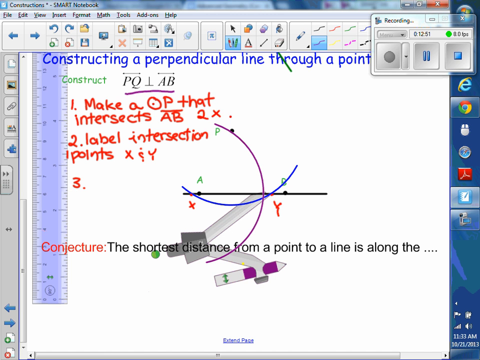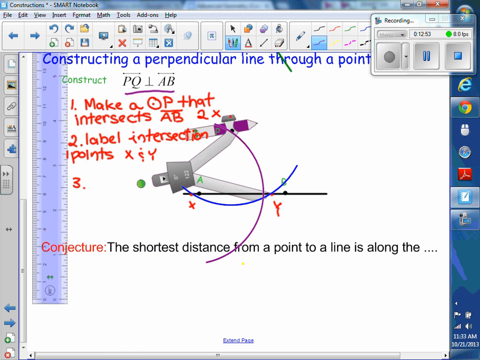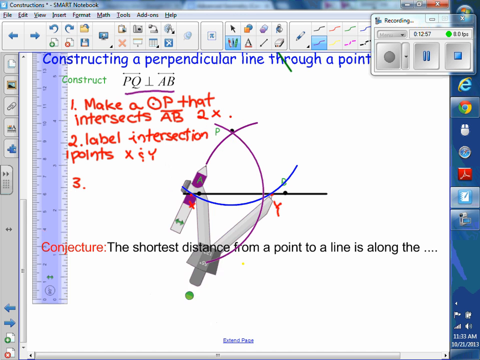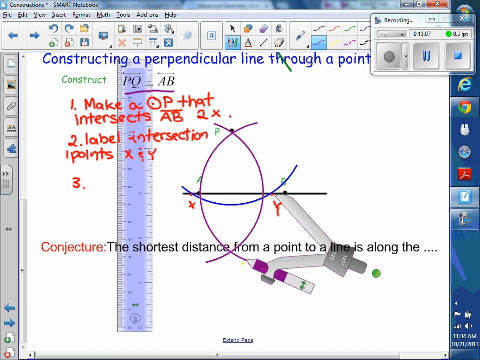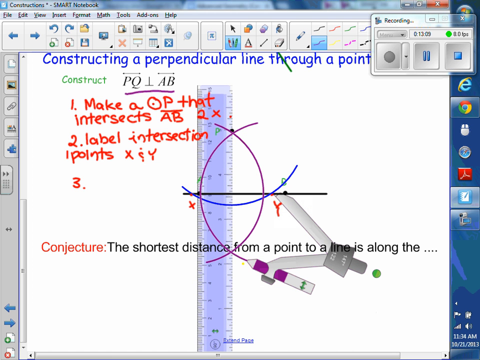I've got those big points so you can see X and Y. You always use your intersection points. That's the whole reason we make arcs, is to get intersections, and then we use our intersections. So then we take our straight edge, and it should go right through P.